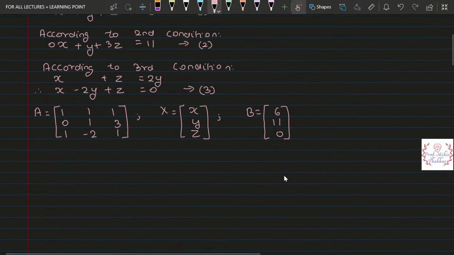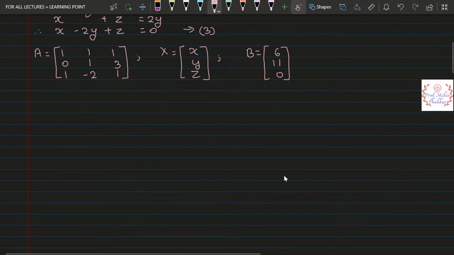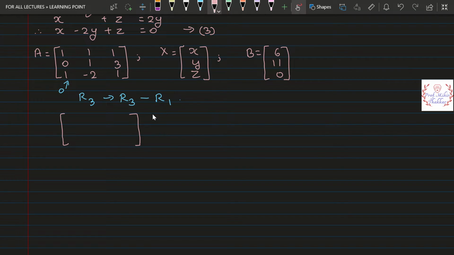Because we want to solve it using the reduction method, in this sum, I have to first convert this element into 0. So if I want this element as a 0, R3 changes to R3 minus R1. In this case, I have to apply the transformation in the third row, and therefore the first and the second row elements will be just copied down as it is: 1, 1, 1, 0, 1, 3.